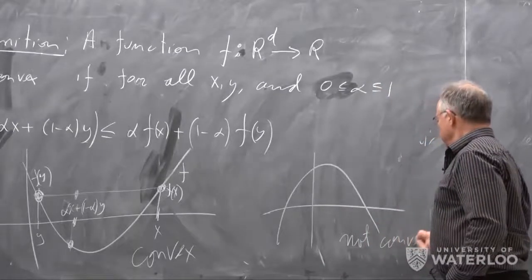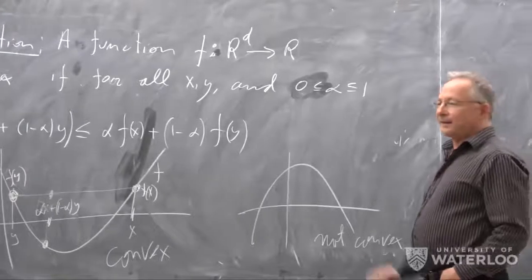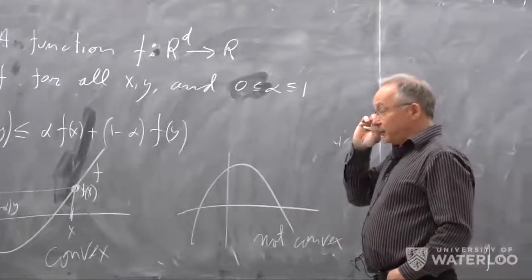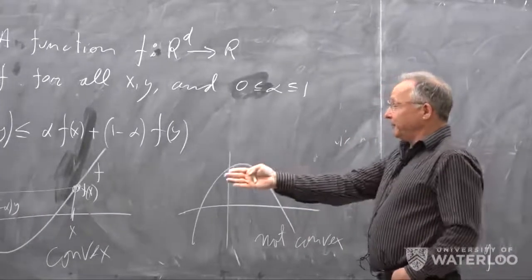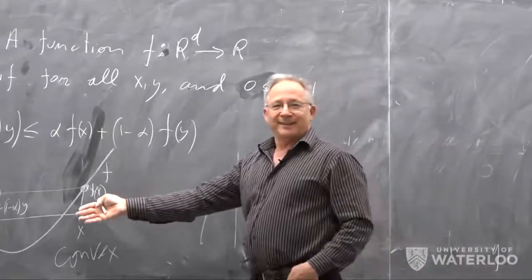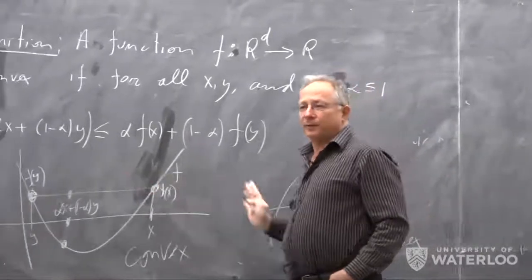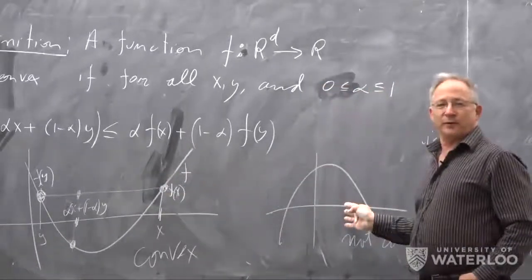One could say, okay, why should I define this as convex and not this one? This I should call concave, right? But we could have chosen each of them as the convex.